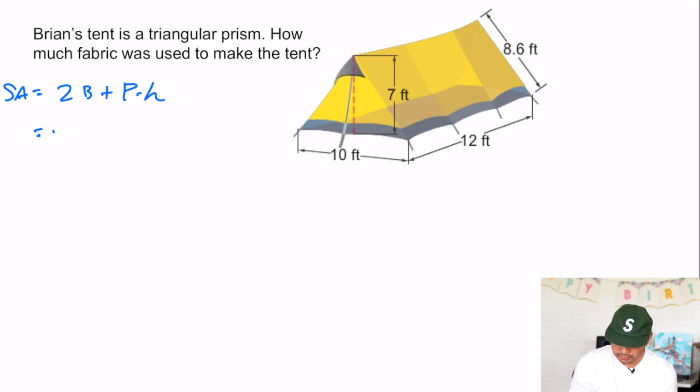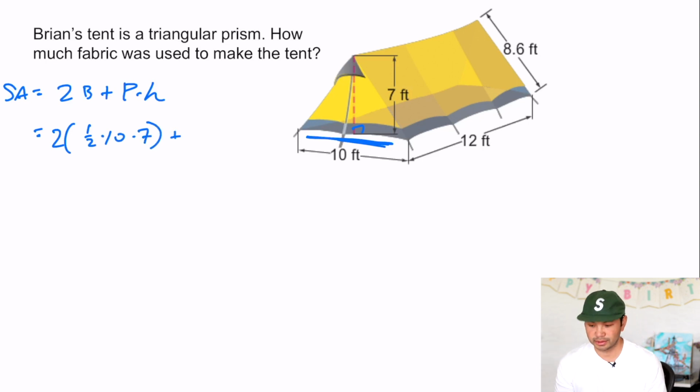So 2 times 1/2 base times height. So the base and height are 10 and 7 because 7 is perpendicular to 10. So 1/2 times 10 times 7. Okay, then the perimeter of this triangle. And it doesn't say this is an isosceles triangle, but we're going to have to assume that.